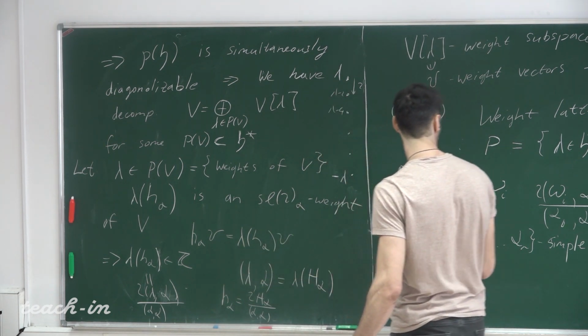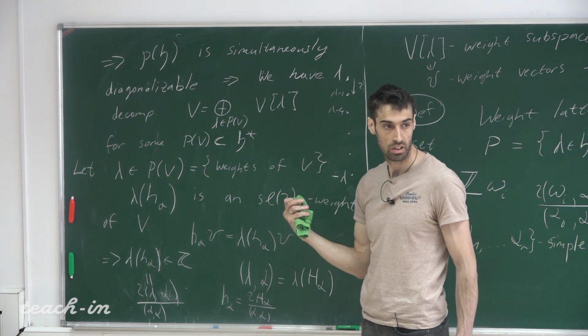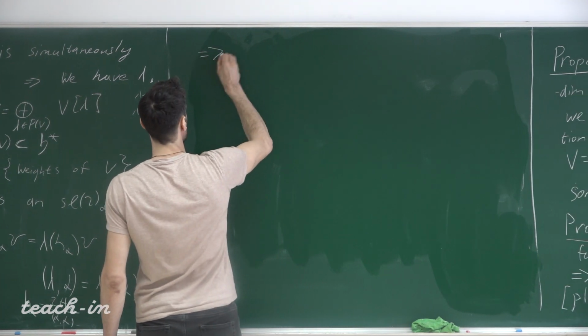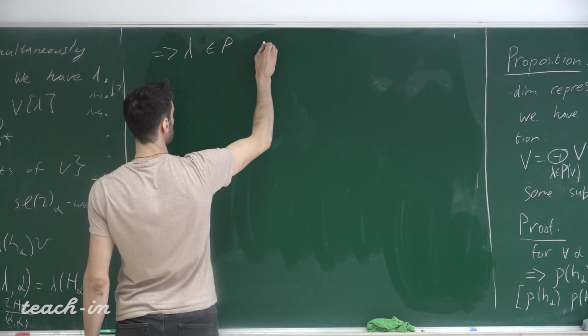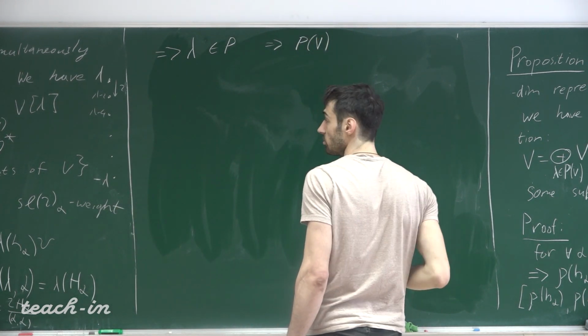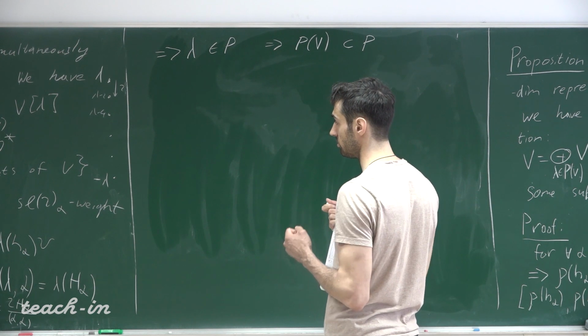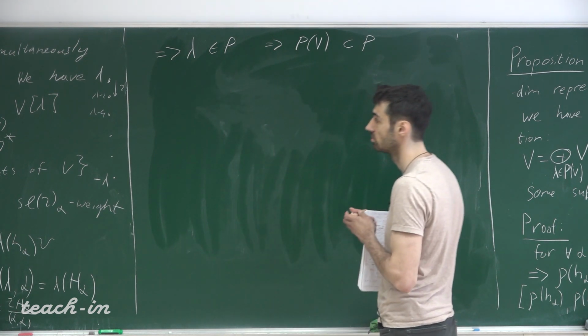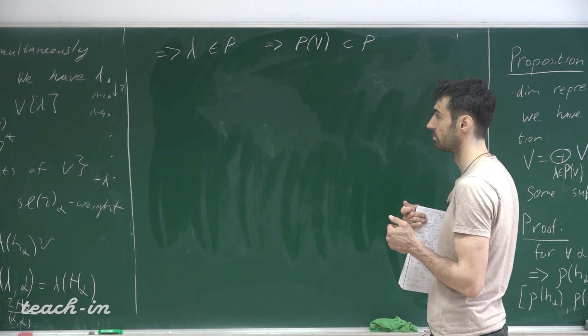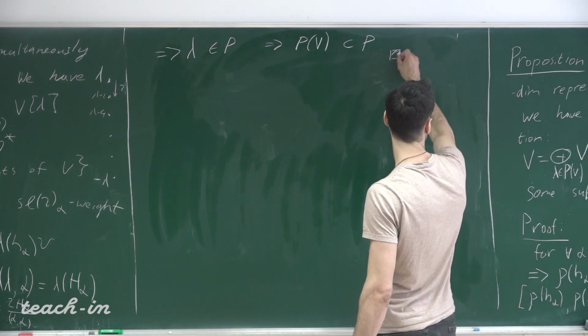So therefore, by definition of P, so these are all lambdas such that this is integer for any root alpha, we know that lambda should belong to P. And so therefore P of V is inside P. Okay, so we proved the proposition.